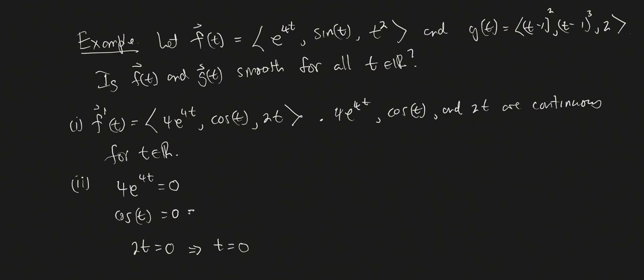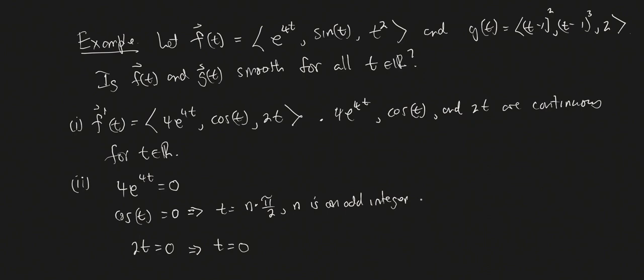So this implies that t is equal to n times pi over 2, where n is an odd integer. You have to remember this trig equation has lots of solutions: pi over 2, negative pi over 2, 3 pi over 2, negative 3 pi over 2, etc.